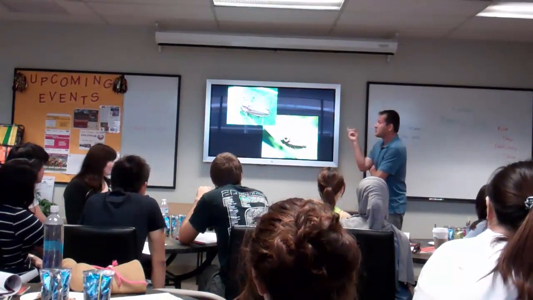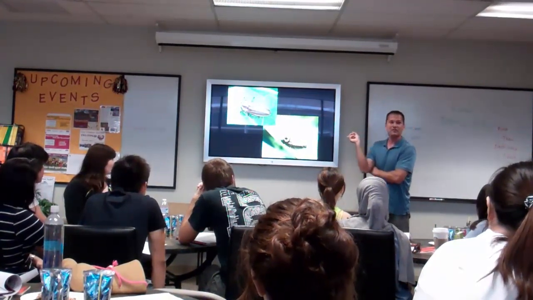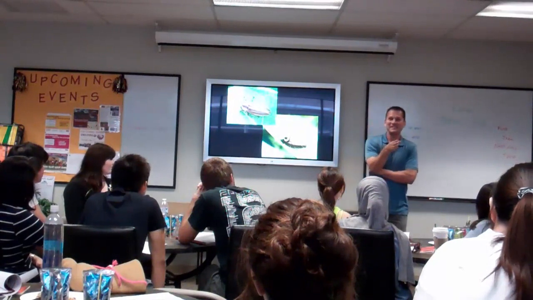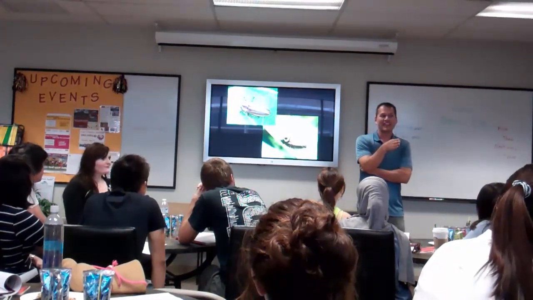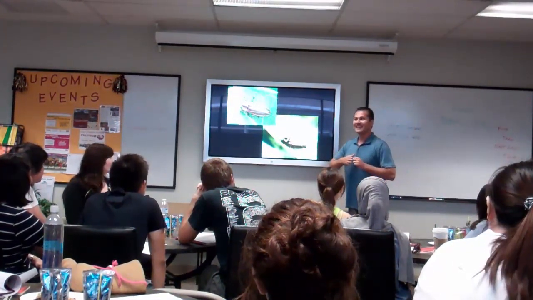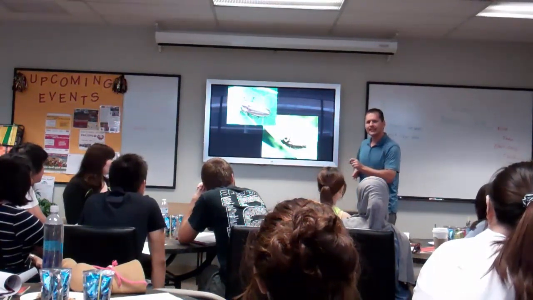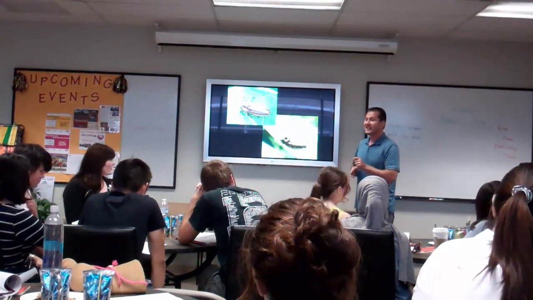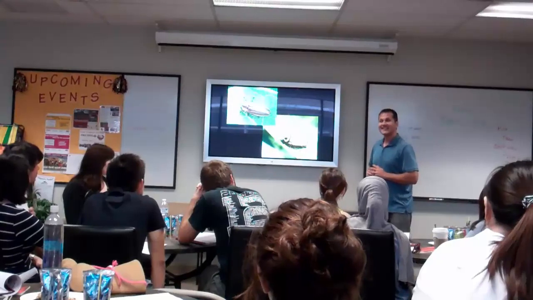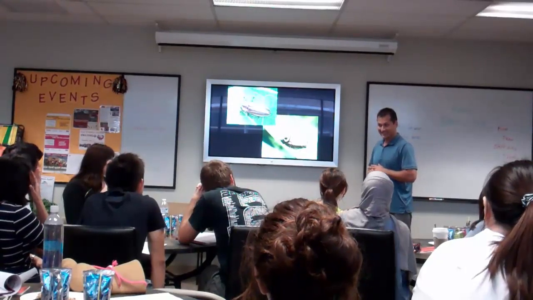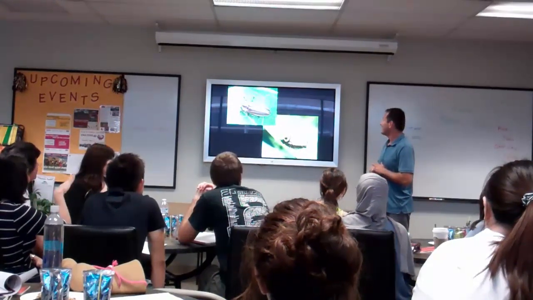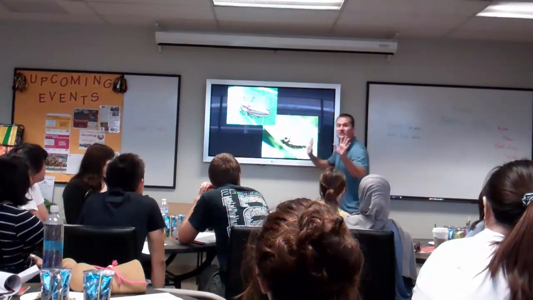Beetle. Could be a beetle. It's good. Anyone else? A potato beetle. What's the name of the story? Lightning bug. One of these is a lightning bug. Which one? We will talk. All right, let's read the story.